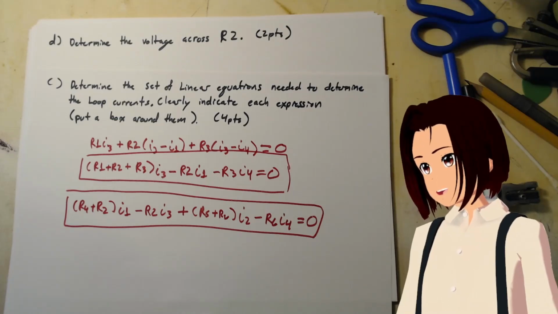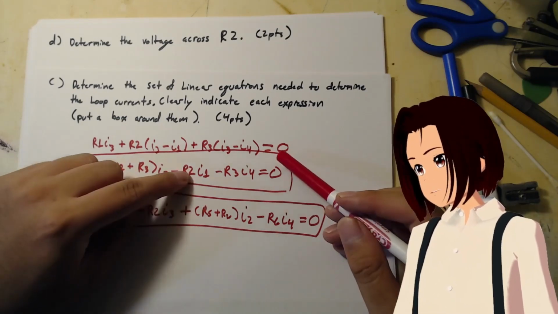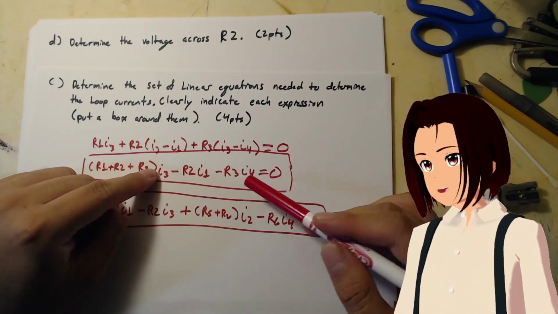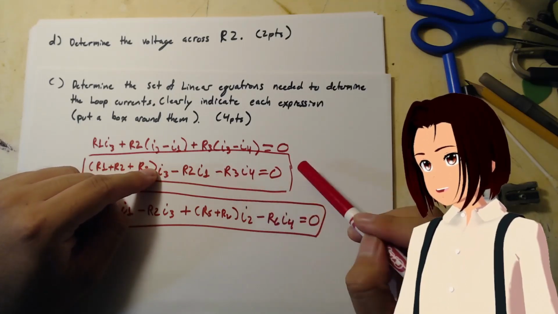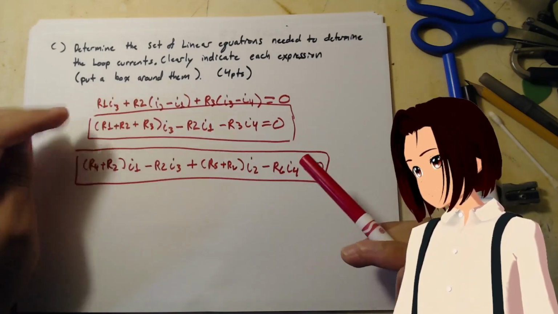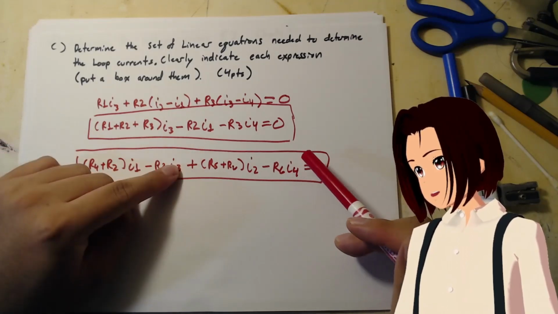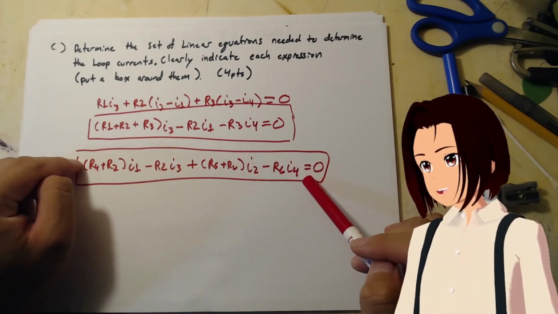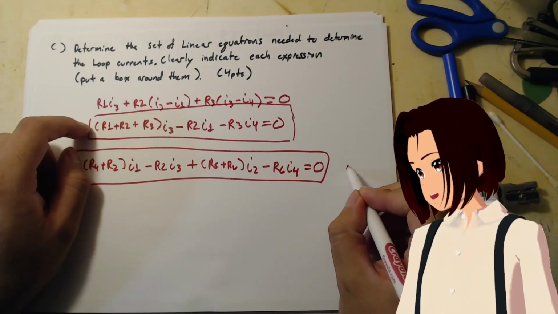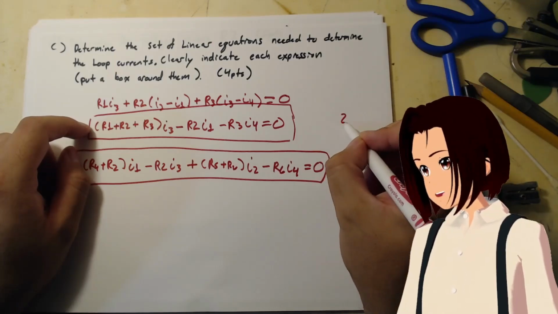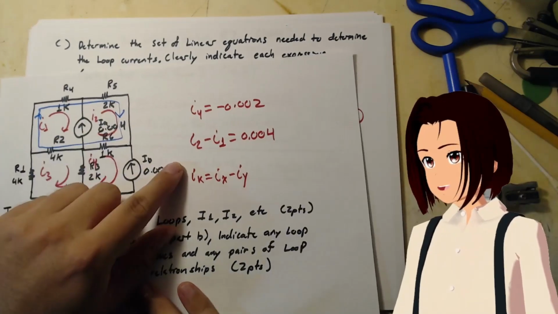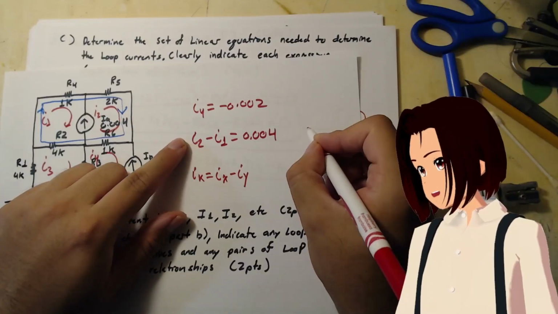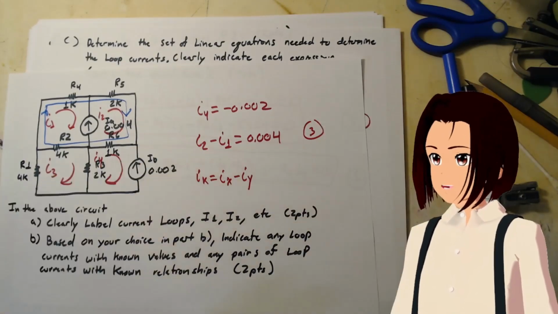Looking at our equations, we have I1 and I3, and I4 is known, so we can just move that to this side. And for this one, we have I1, I2, and I3. So how about this? We call this equation 1, call this equation 2, and from here, we'll call this equation 3.